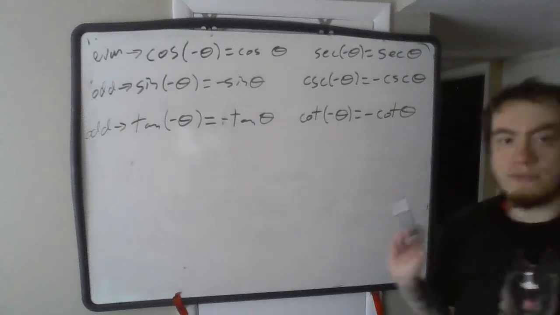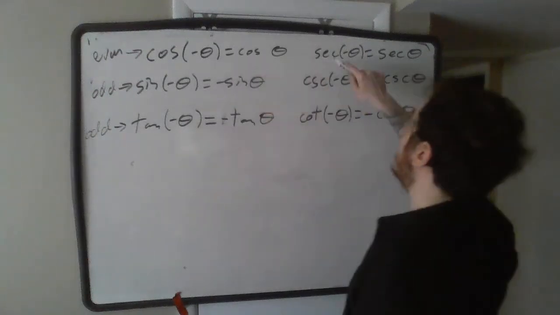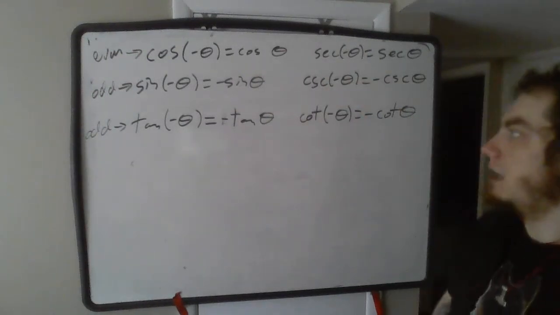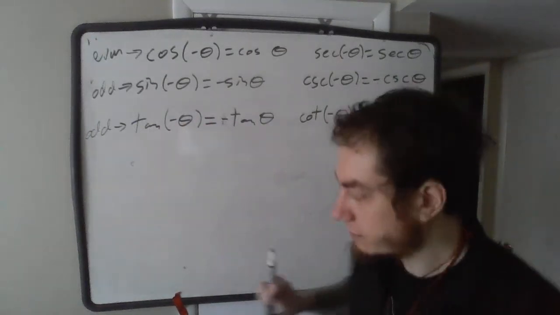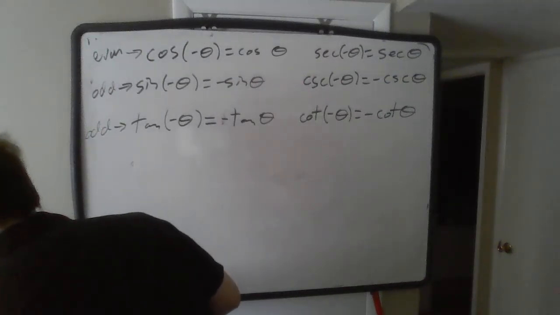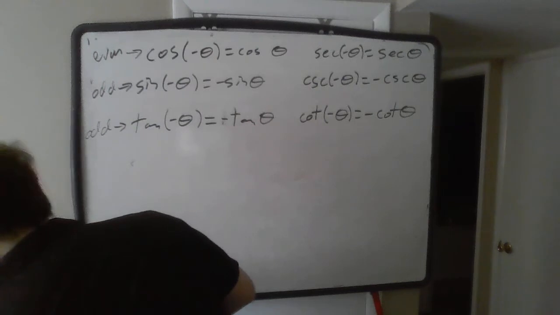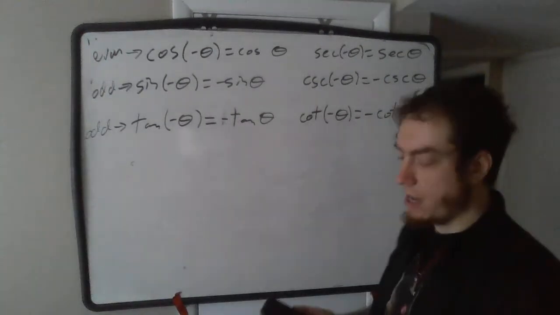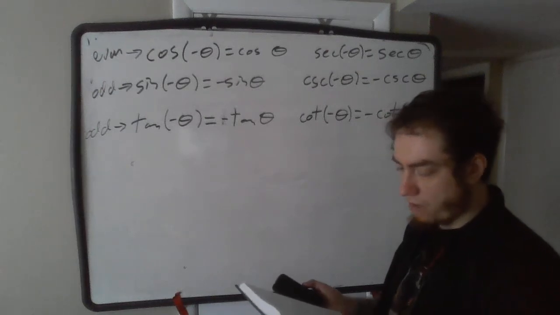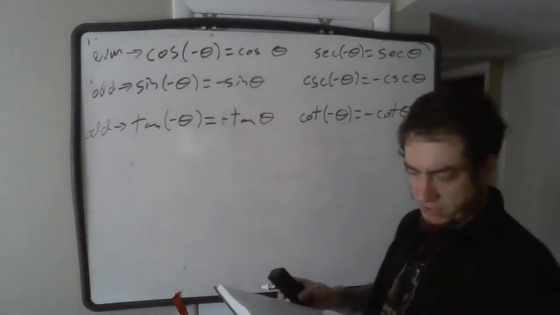The only even trig functions are cosine and secant. The other 4 are odd functions. Now, what is the point of this kind of stuff? Well, the point of all this stuff is to use these things to simplify expressions that involve trig functions.